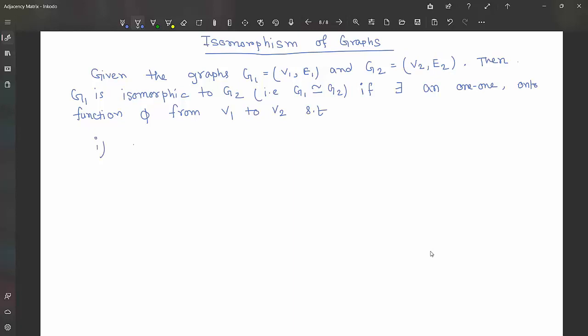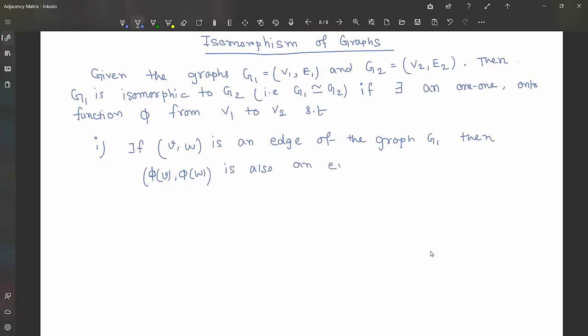Number one, if (V, W) is an edge of the graph G1, then phi of V comma phi of W is also an edge of G2.